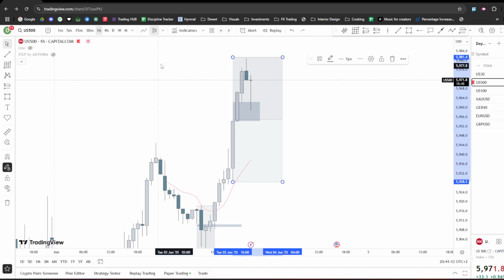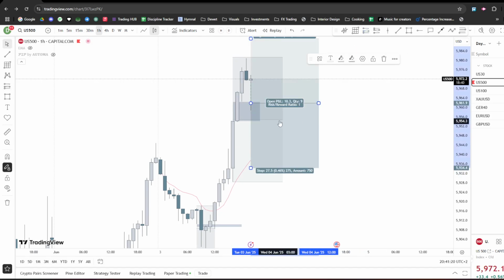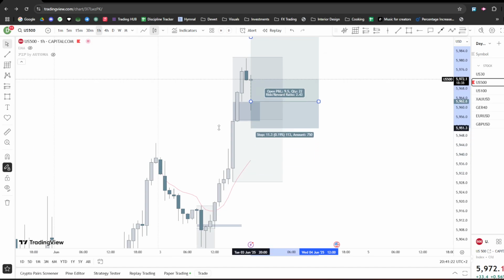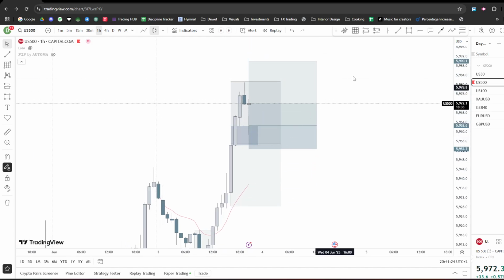It's not wrong, but again, in this case, stop loss placement can be quite tricky because we can place our entry there, our stop loss below the low, but then risk that price can go even further lower and reach into the discounted fair value gap, which can be problematic.